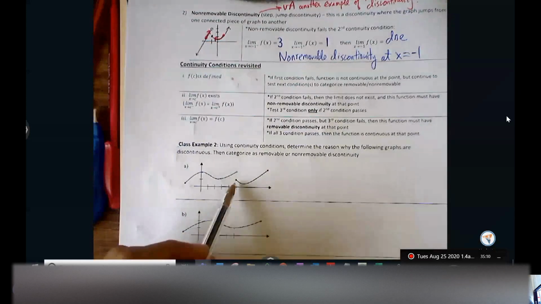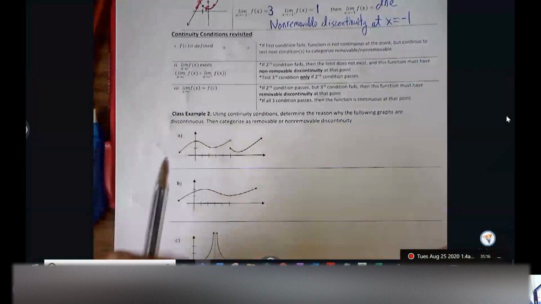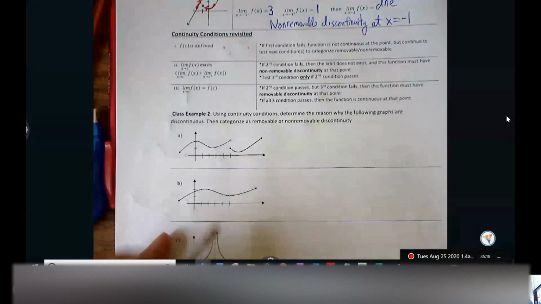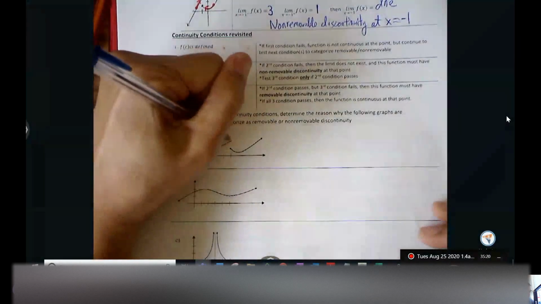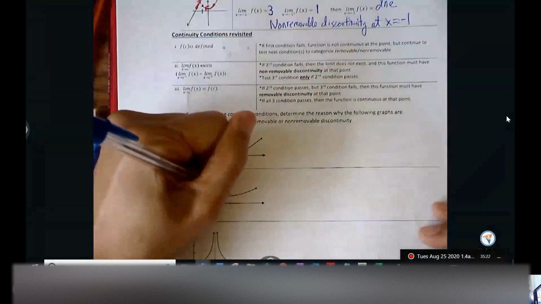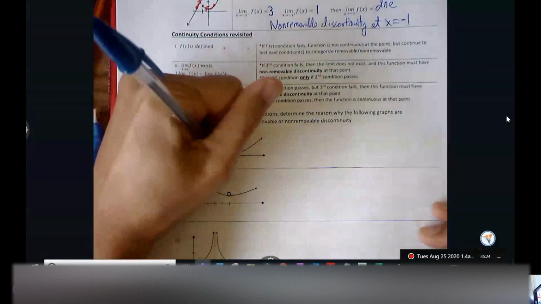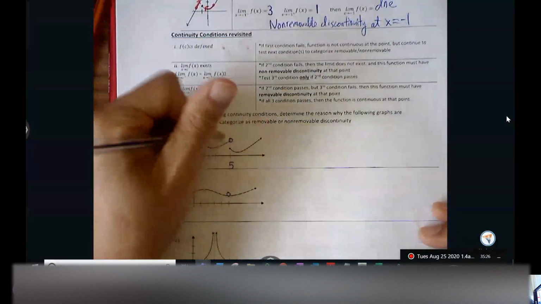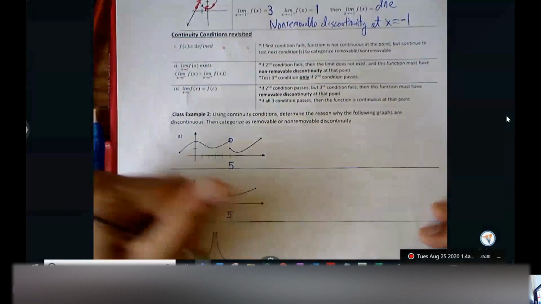The C value that we're going to be concerned with is wherever we see the break in the graph. Because we have the visual graph in front of us, we can find those points easily. And I meant for these to be holes here, so if you guys want to clarify that. So my first C value is 5, the second is also at 5, the third one is at 3.